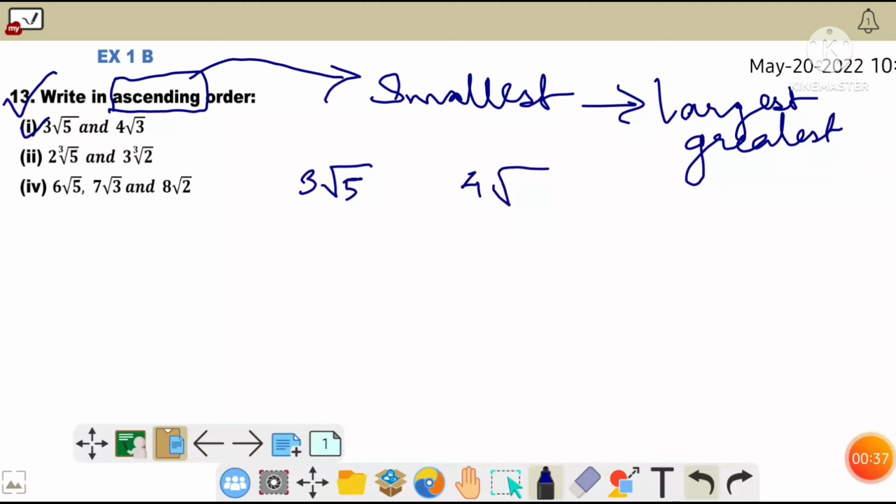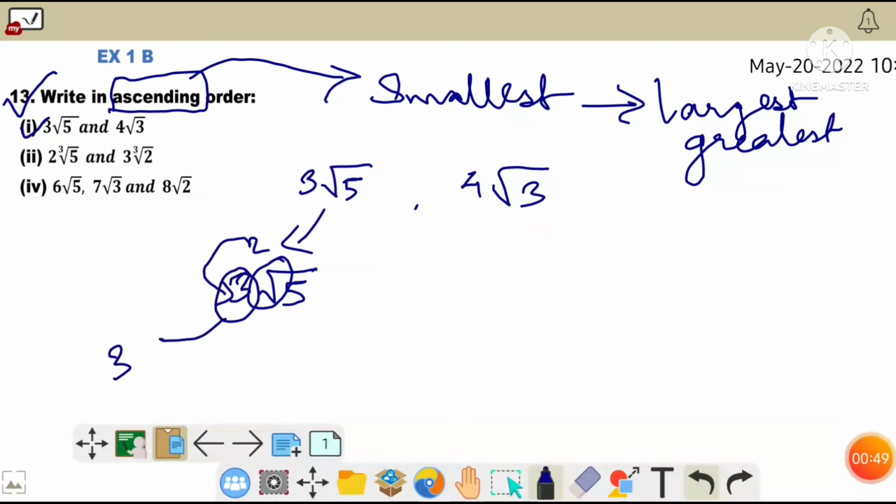So question number 1 is 3 root 5 and 4 root 3. We can write 3 root 5 as, since it is the square root, so 3 has one pair, 3 and 3 will be inside the root.